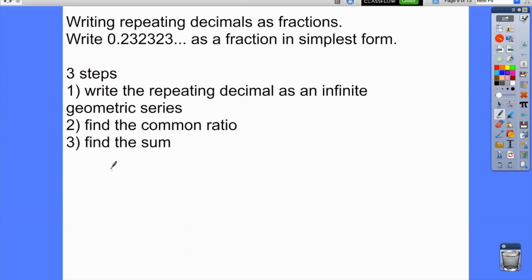First, it says that we should write a repeating decimal as an infinite series. How would that look like? This is where your place values really come into play. I know it's been too long, but it really helps to remember. So in step 1, let's write the given repeating decimal as a sum. What that would look like is this.